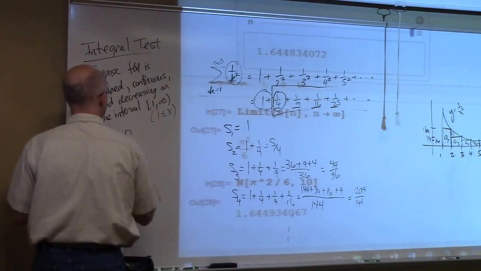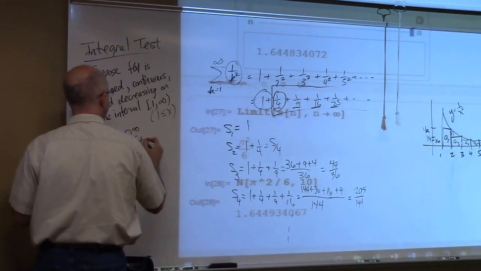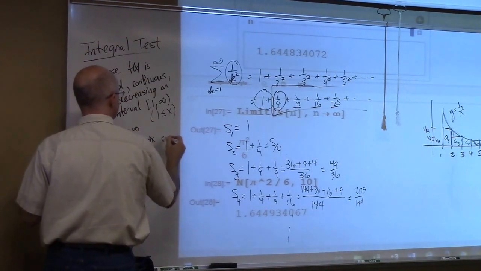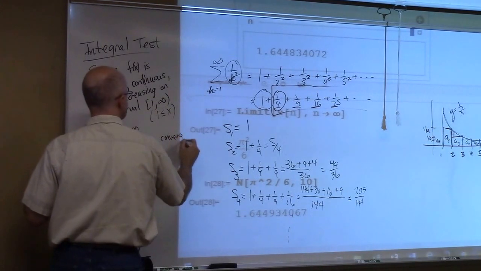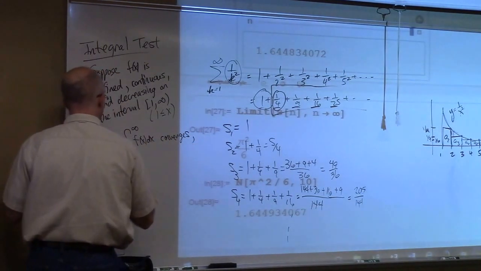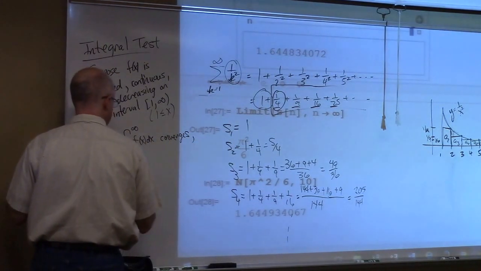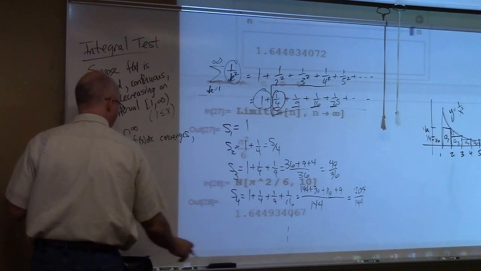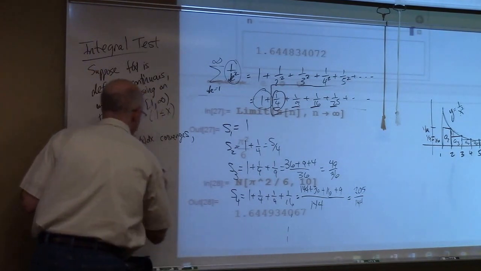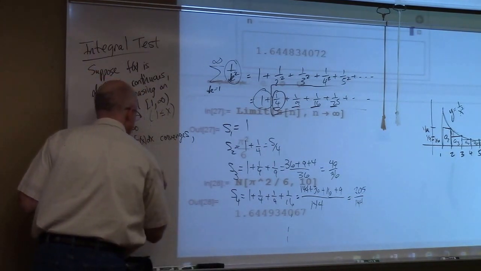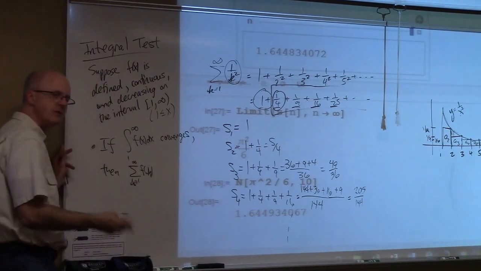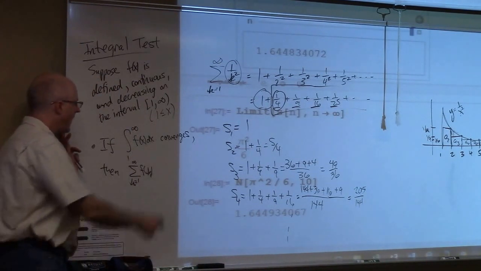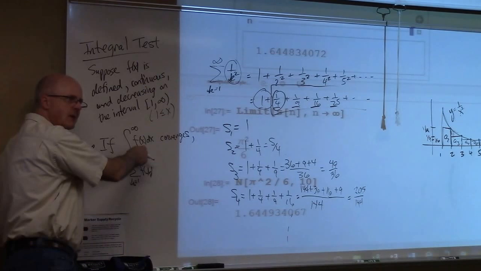If the improper integral from 1 to infinity of f converges, then the corresponding series, k goes from 1 to infinity, of f of k, where k is an integer here, that I'm plugging in 1, 2, 3, 4, 5, 6, etc. Up here, x was a continuous variable.